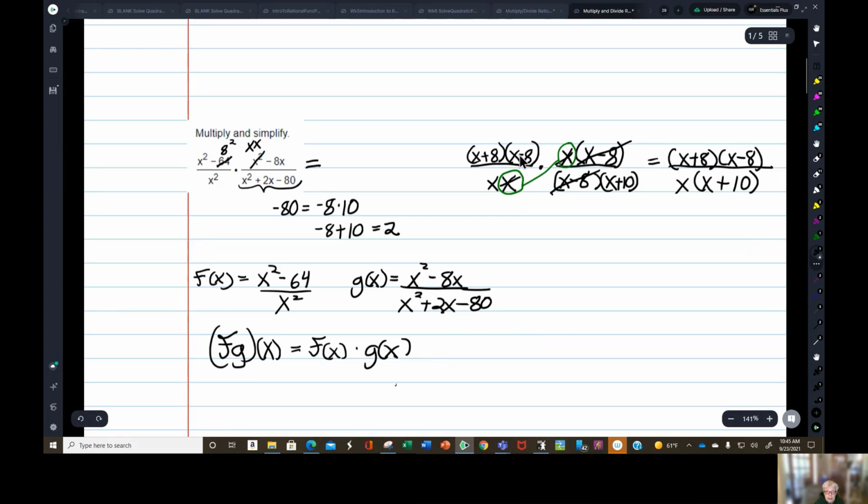This is factoring by the difference of two squares. This is factoring by GCF. So this is difference of squares. This is GCF.